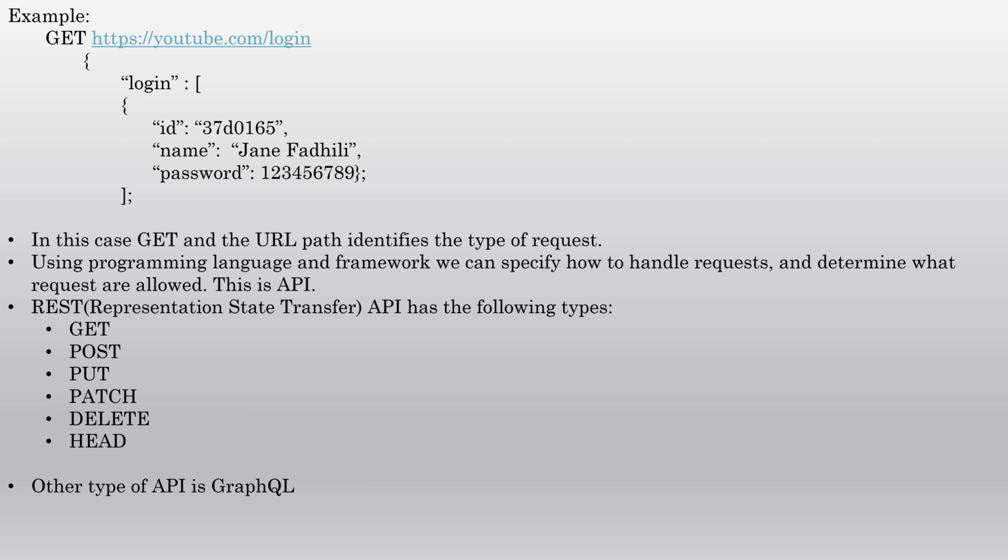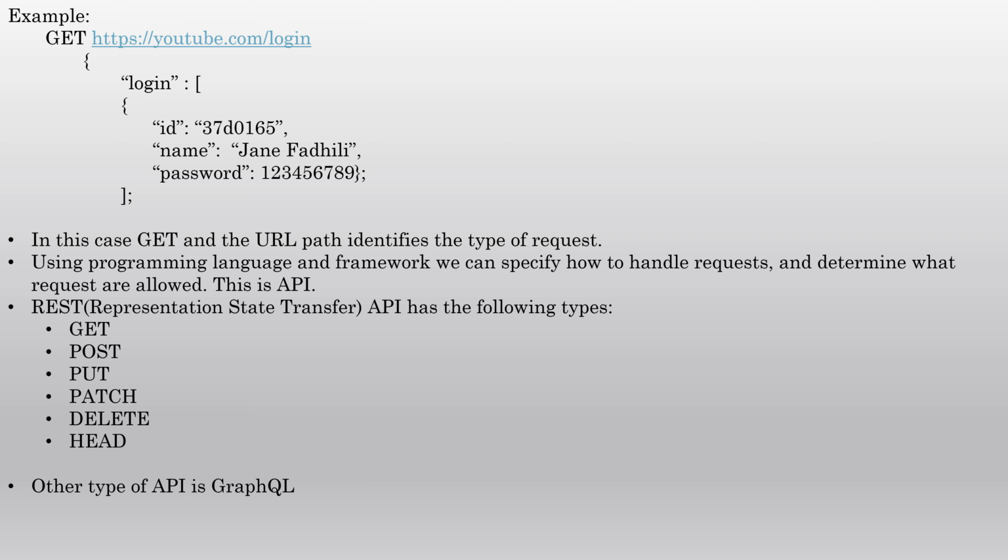It's how you are supposed to handle this request, and what requests are allowed and what requests are not allowed. Now that is called an API. And then the REST API has the following types. So we have GET for getting something that is already in the database, POST for creating a whole new thing, like a whole new resource, and then PUT, you replace whatever was there, you replace it totally.